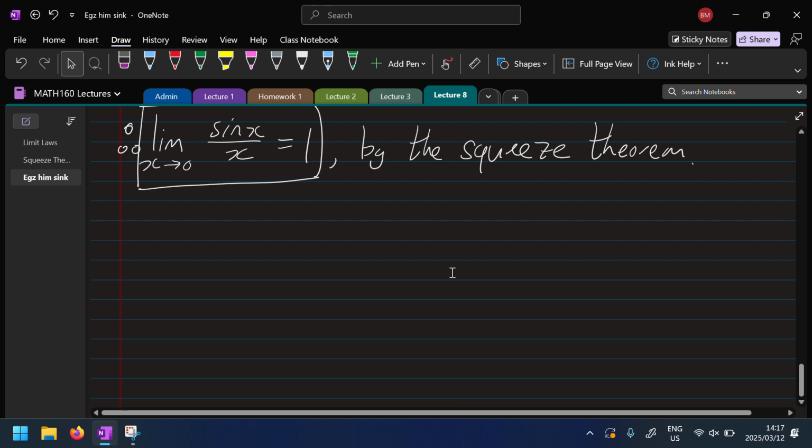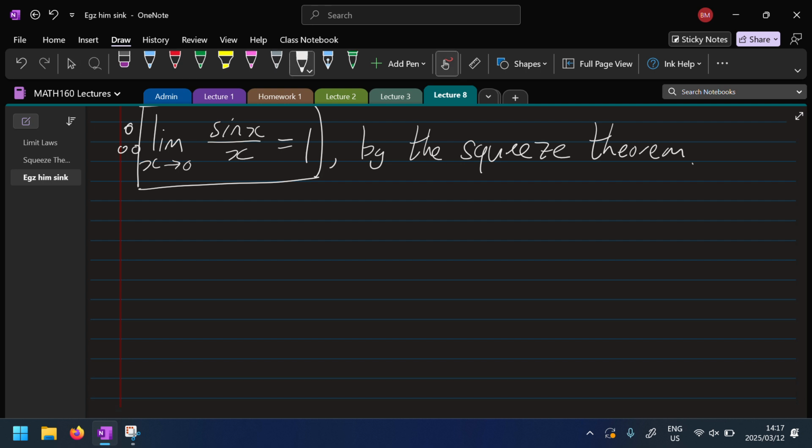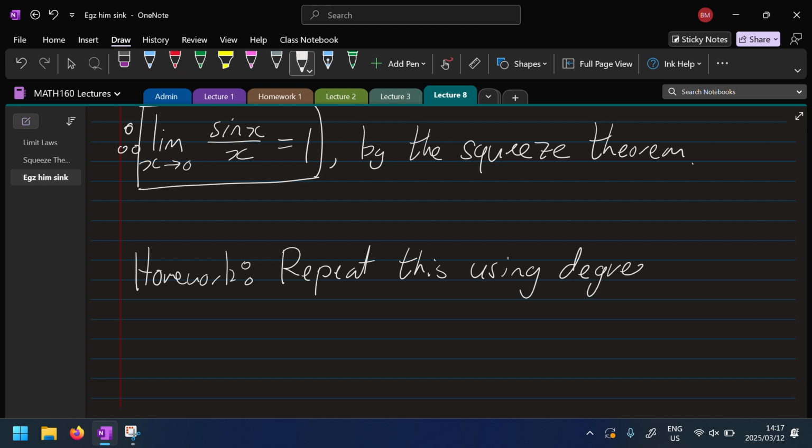Okay, maybe you can try that for homework. Homework: repeat this using degrees and show that the limit as x goes to 0 of sine x over x is equal to pi over 180.